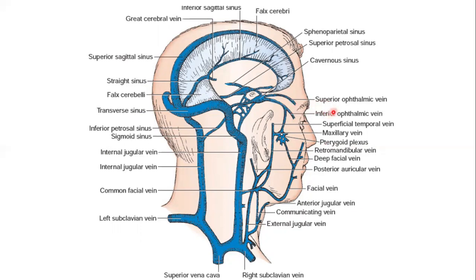Particularly from the face, the superior ophthalmic vein has a direct communication with the cavernous sinus. From this triangular area of the face, which is the upper nose, the upper lip and the tip of the nose, infection can spread directly into the cavernous sinus.